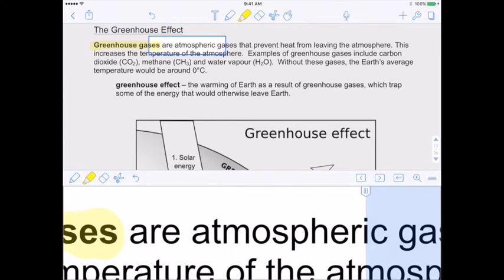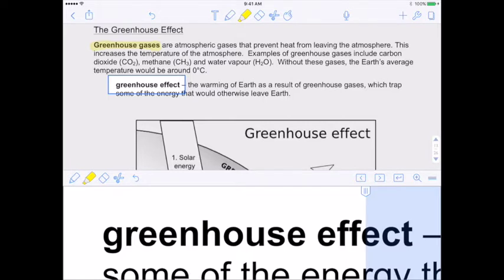If there were no greenhouse gases, our planet would be too cold to live. So producing carbon dioxide is a normal process that needs to happen. When we have carbon dioxide in the atmosphere, it increases the temperature of the atmosphere. Examples of greenhouse gases include carbon dioxide, methane, and water vapor.